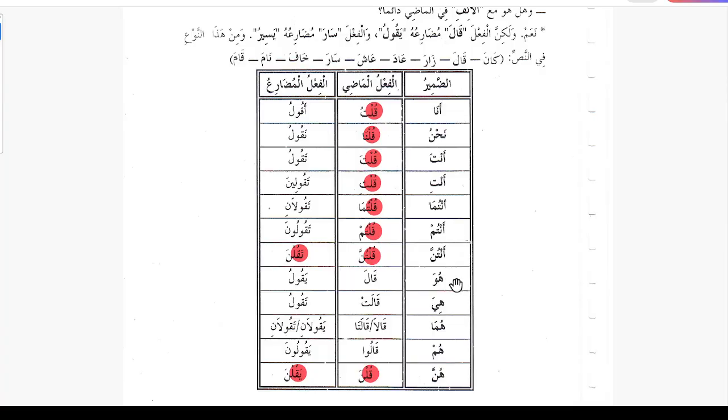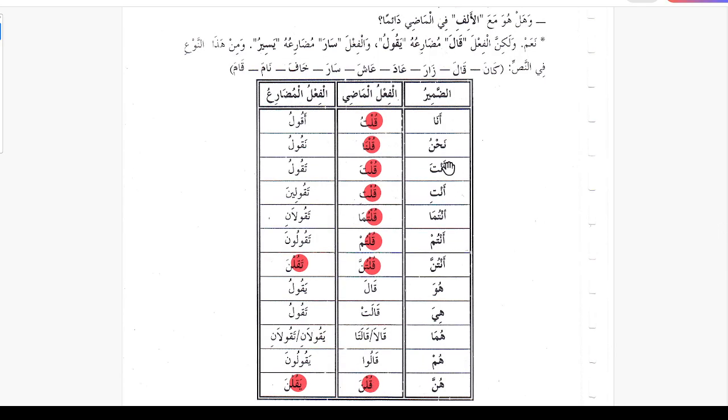Starting from the third person: huwa kala, huma kala, hum kalu, hiya kalat, huma kalata, hunna kulna. And from here it becomes easy. Then go to the second person: anta kulta, anti kulti, antuma kultuma, antum kultum, antunna kultunna, ana kultu, nahnu kulna.